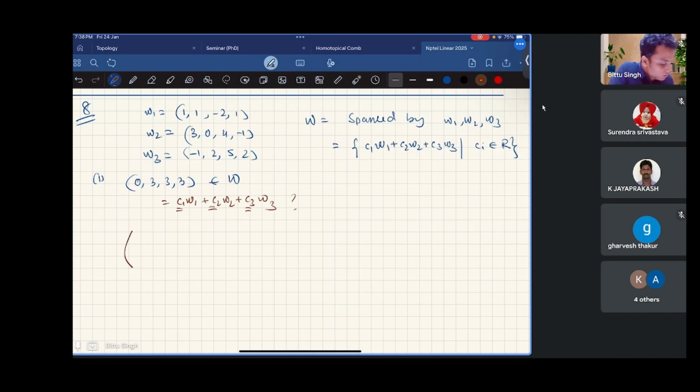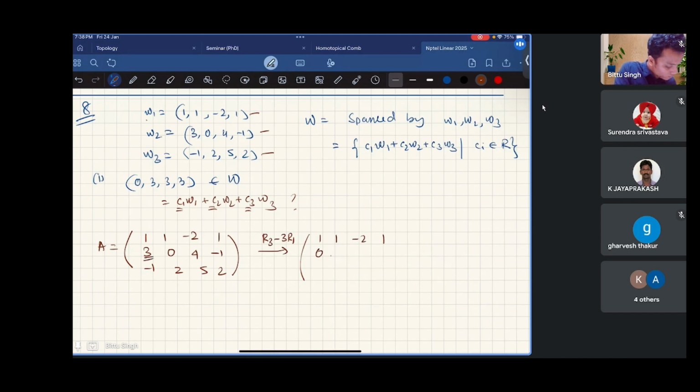So let us make a matrix A out of this: 1, 1, minus 2, 1; 3, 0, 4, minus 1; and minus 1, 2, 5, 2. We have just put those three four-tuples in rows, and now we'll perform row operations. The first row operation is R2 minus 3R1. Row 1 is fixed.